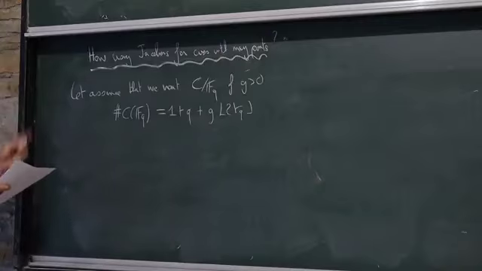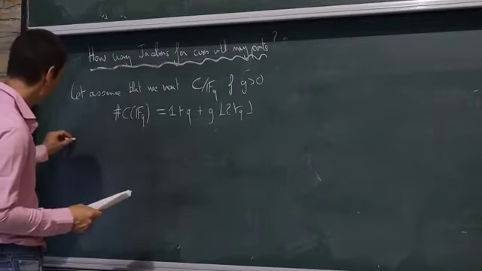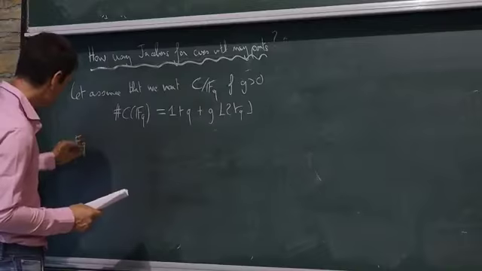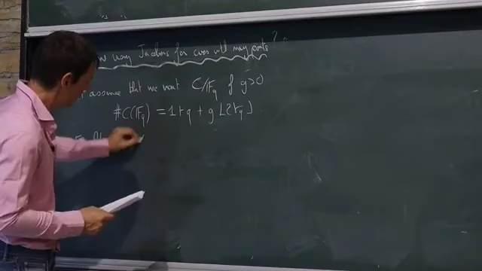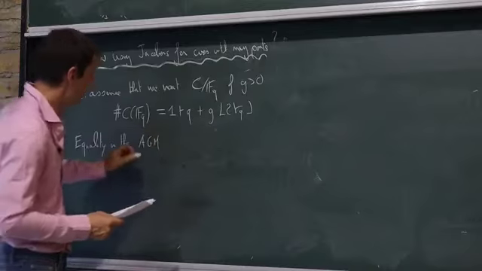If you remember what we just said in the previous lecture, in order to have this, there must be equality in the arithmetic-geometric mean inequality.